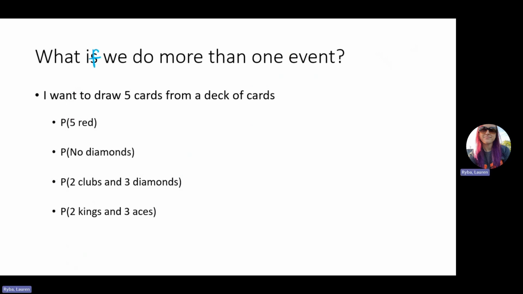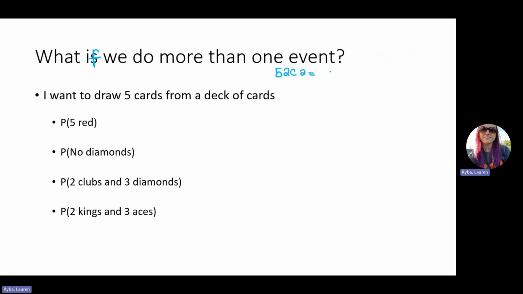So I want to draw 5 cards from a deck of cards. What I can do is use the combinations that we did on Tuesday to help me with this. We talked on Tuesday about the Jack and Queen problem. And we said in the beginning, we had 52 cards that we chose 2 from.